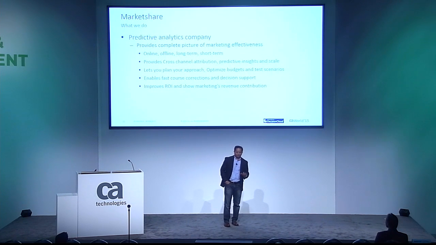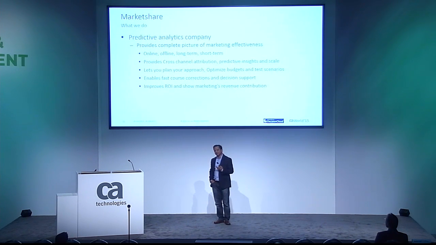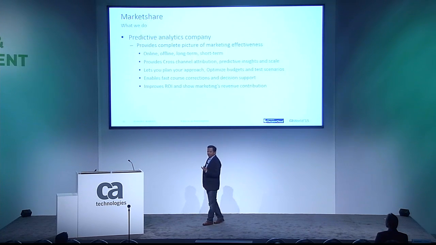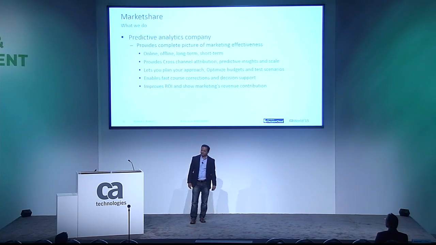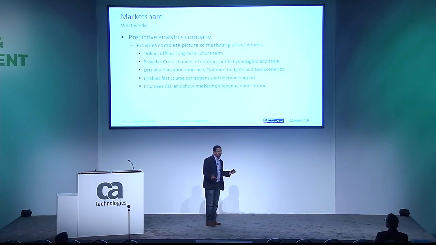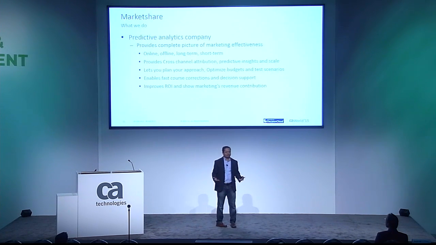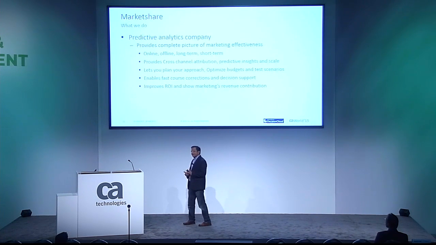So what do we do as a company? To explain that, I will have to borrow a quote from John Wanamaker, the famous marketing pioneer. He said, half the money I spend on advertising is a waste. The trouble is, I don't know which half. And that's exactly the problem that Market Share is trying to solve.